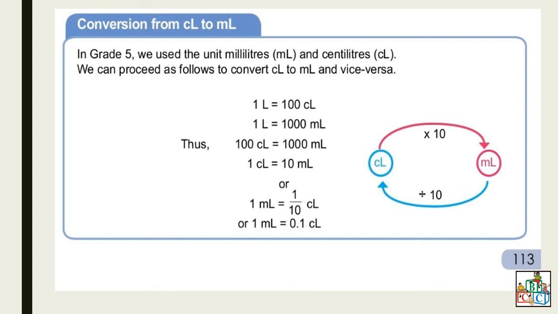Now we are going to do centiliters to milliliters. 1 liter is equal to 100 centiliters. 1 liter is equal to 1000 milliliters. 1 centiliter is equal to 10 milliliters. If 1 centiliter is equal to 10 milliliters, then 100 centiliters is equal to 1000 milliliters.